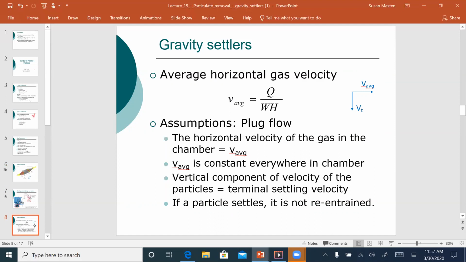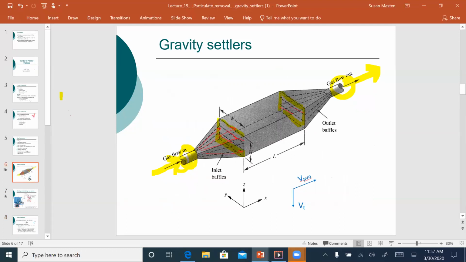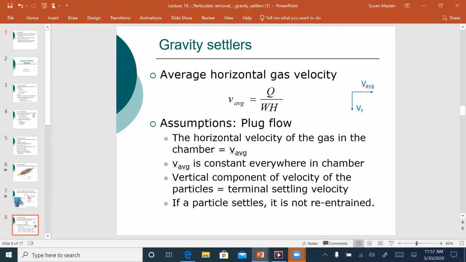We'll make a few assumptions here. We're going to assume that the horizontal velocity in that chamber is constant everywhere. So it doesn't matter whether we measure the horizontal velocity here, in the middle, here, wherever, okay? That velocity is the same, so that really means that we have good, even distribution of the gas throughout that entire cross-sectional area.